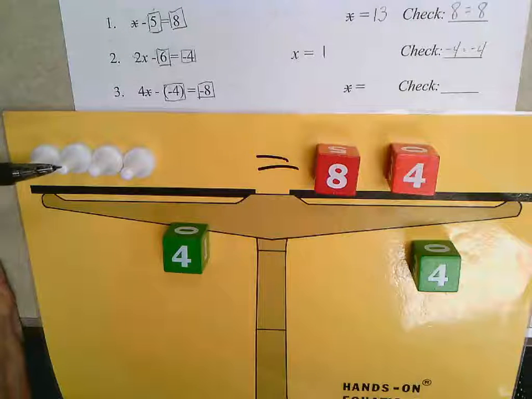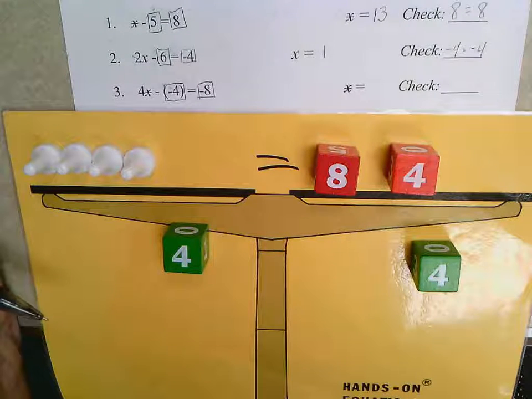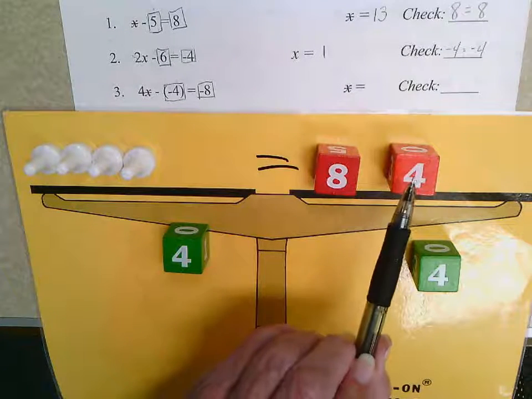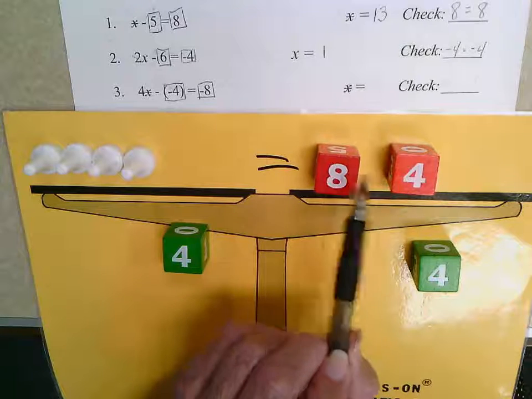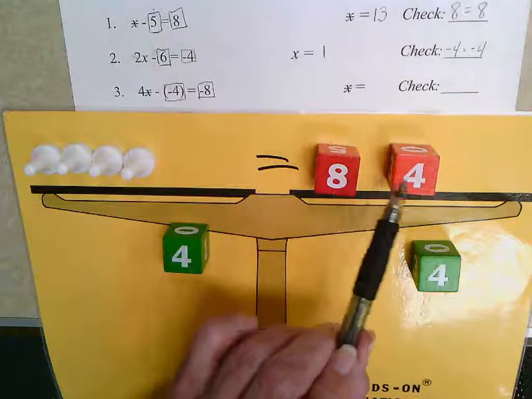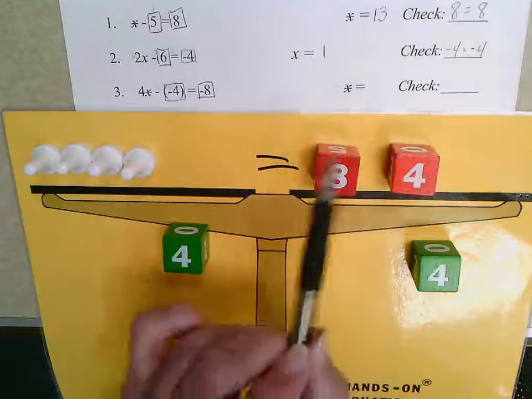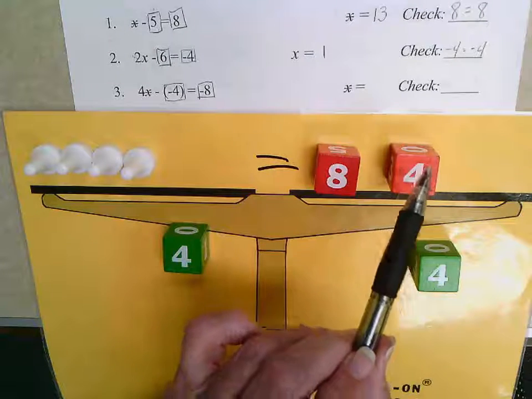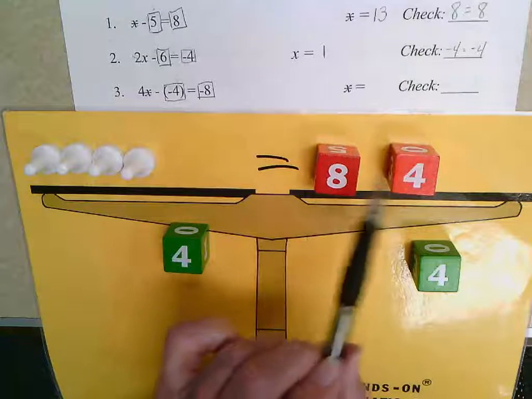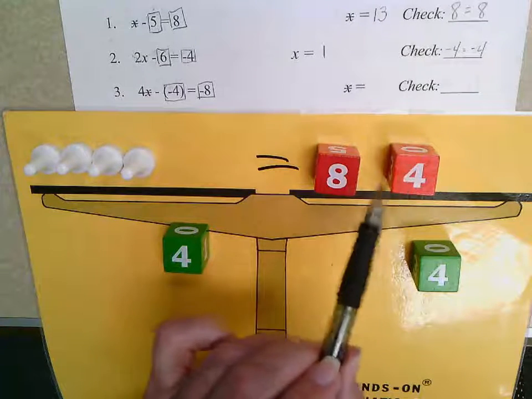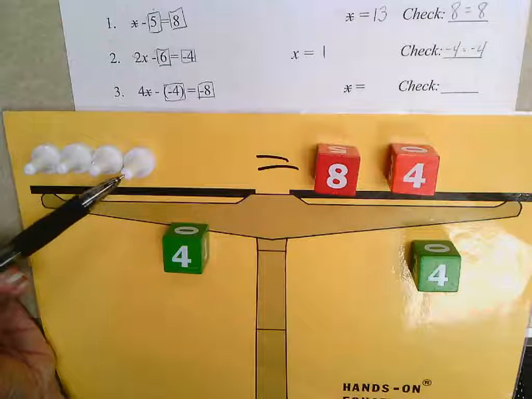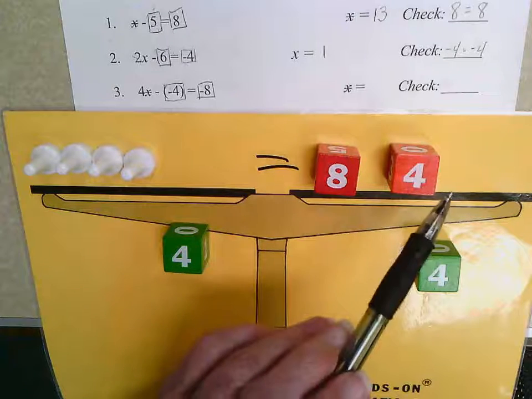So this is 1, 2, 3, 4 white pawns, and on the other side I have 8 plus 4, but this is -8 plus -4. And remember, when you're adding two negatives, it's just like adding positives. You take the 8 plus the 4, and then you take the sign of both numbers. So the sign of both numbers is negative, so this is a -12. So now I have to ask myself, what times 4 would give me a -12?